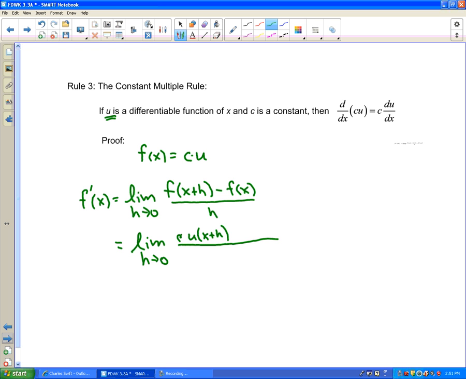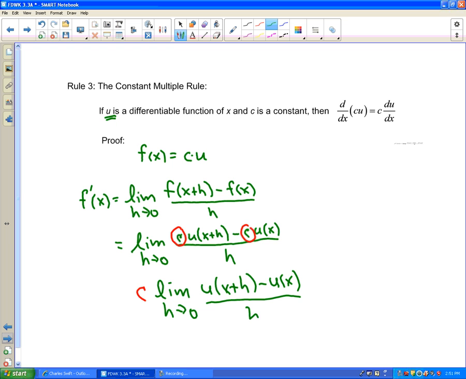So we have c times u of x plus h minus c times u of x. The two terms have a common c. With limits, we can pull out that common term. So we'll pull out the c. So we have c times the limit as h approaches 0 of u of x plus h minus u of x over h.